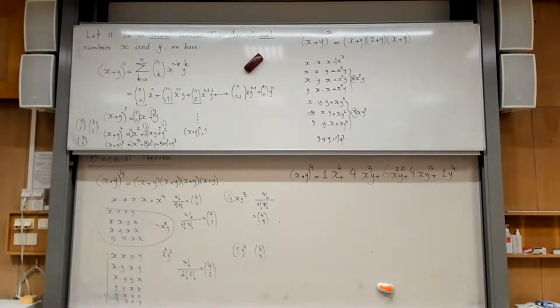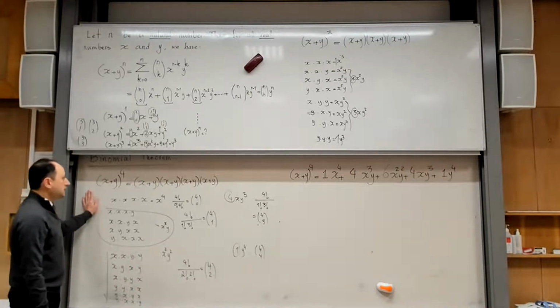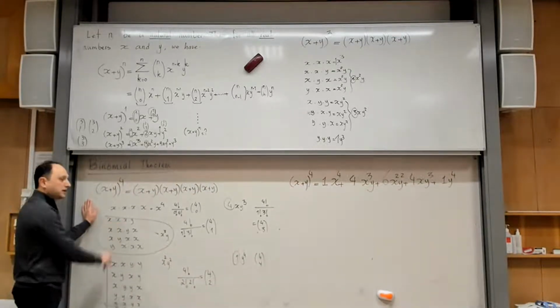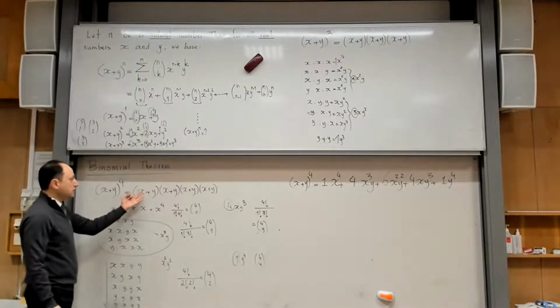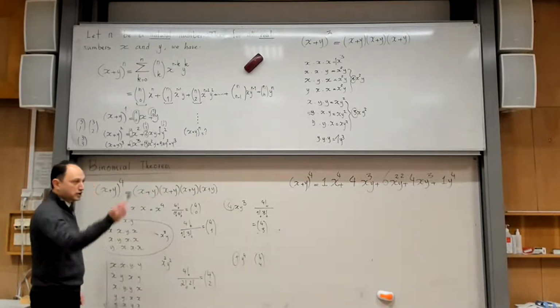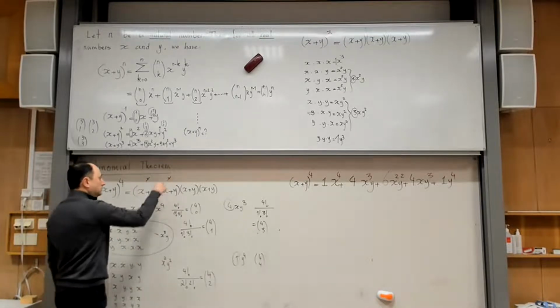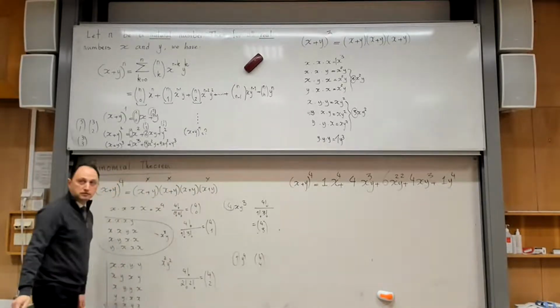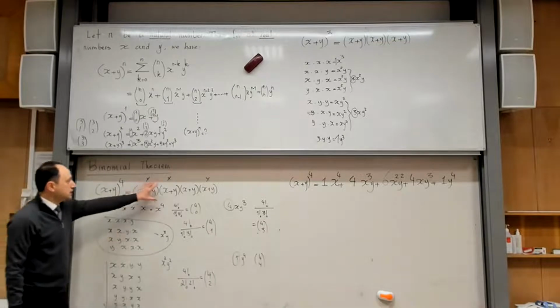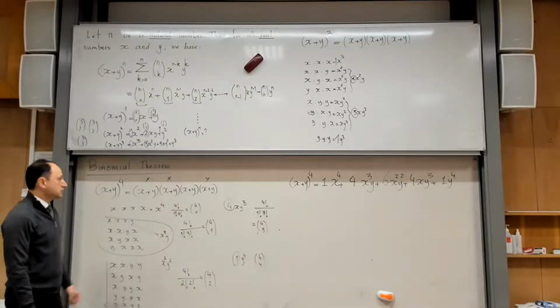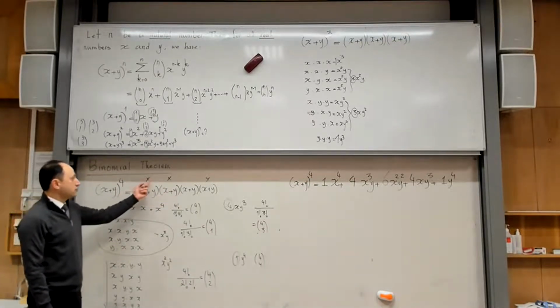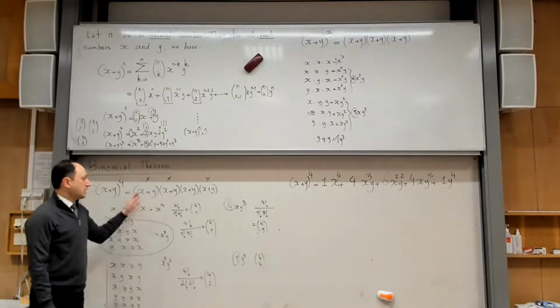Yeah, is that clear? So in principle, you can also look at it in this way. You can say that, okay, I want to have 3 x's. I choose 3 of these pairs of brackets by crossing them. For example, I cross here, here, and here. So it means that I choose these and choose x from them. So in how many ways can I choose 3 x's out here?